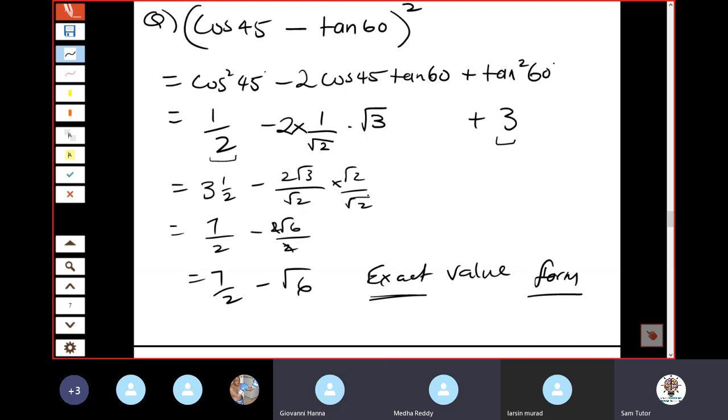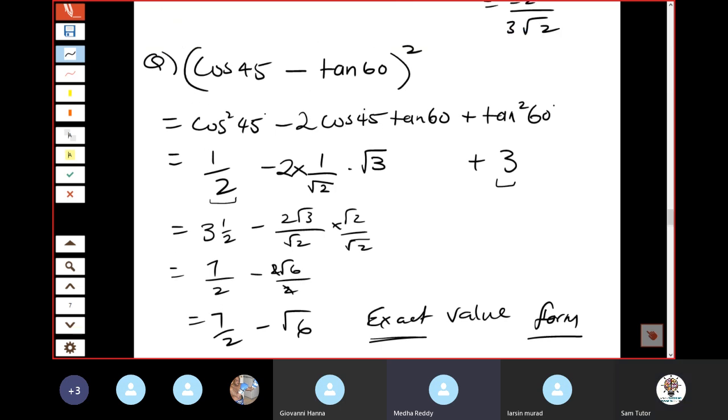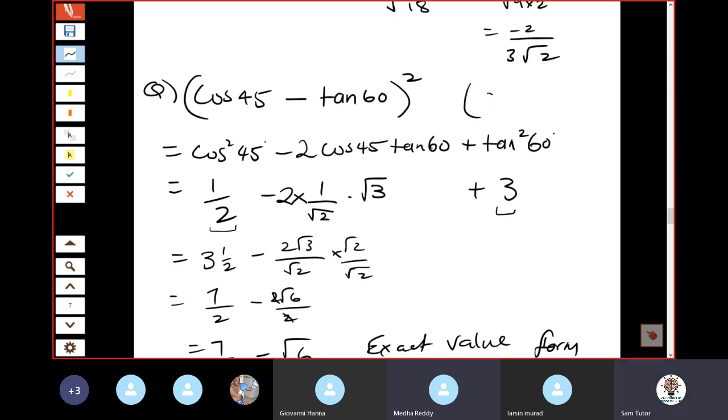You know for the part at the first line where it's -2 cos 45, how do you do that part? The middle one? How do I expand this? A minus B. Is it like differences of 2 squared?